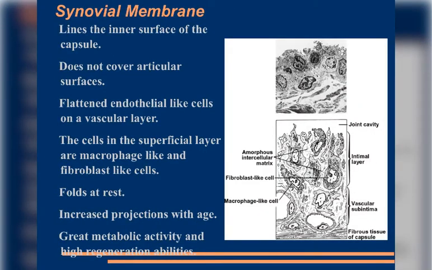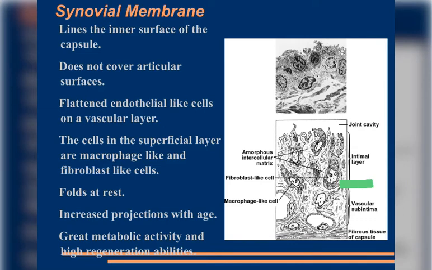Now I'll talk about the synovial membrane. Synovial membrane is the membrane that produces synovial fluid. It lines the inner surfaces of the capsule. Doesn't cover the articular disc. Flattened endothelial-like cells on a vascular layer. So basically the synovial membrane has two layers.